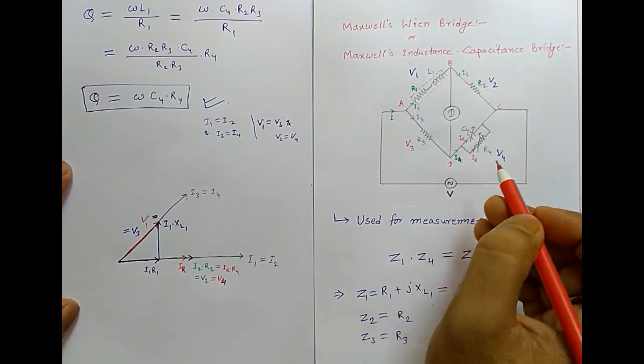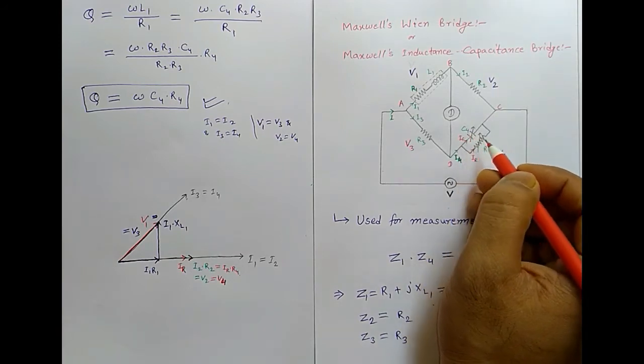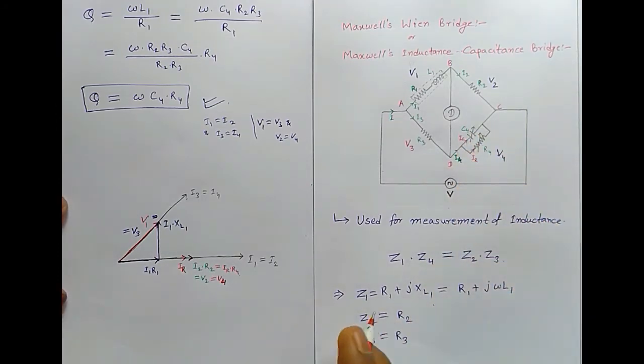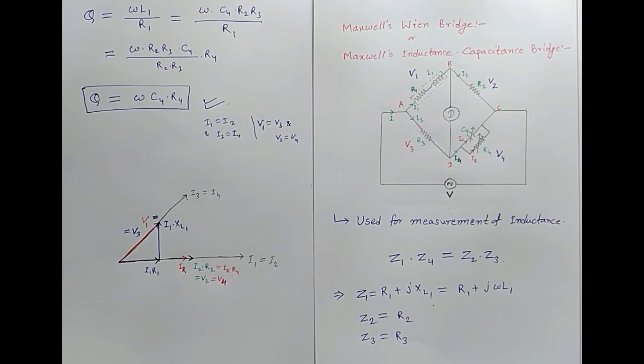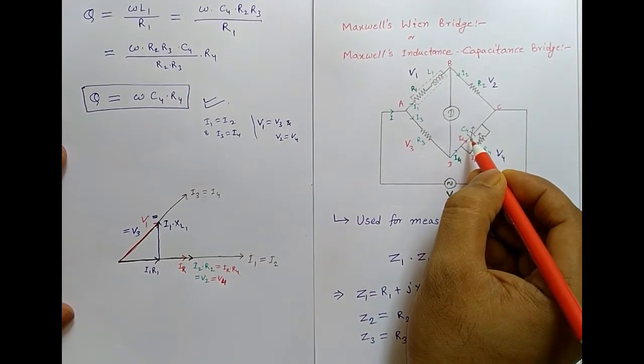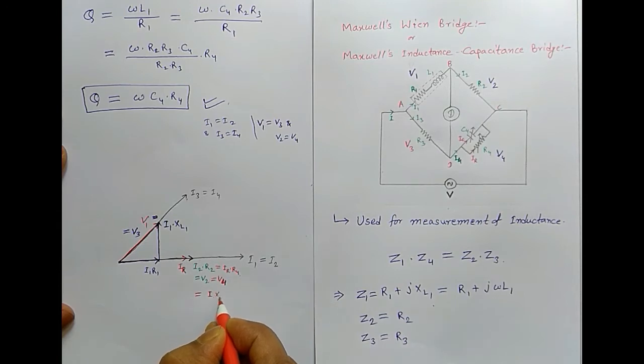In this way, what is IC into C4? That means this voltage, which is also equal to IC into XC4, or IC into 1 by omega C4.